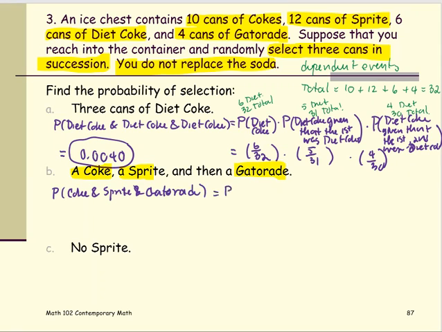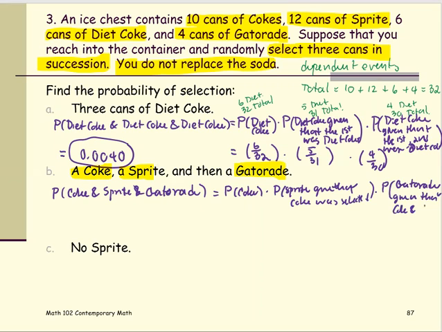It is from using the probability of getting the Coke times the probability of getting Sprite, given that the Coke was selected, and then multiply by the probability of getting Gatorade, given that Coke and Sprite were selected.